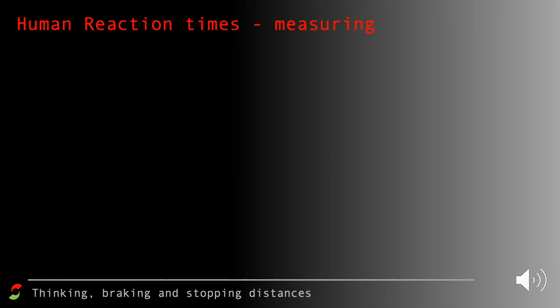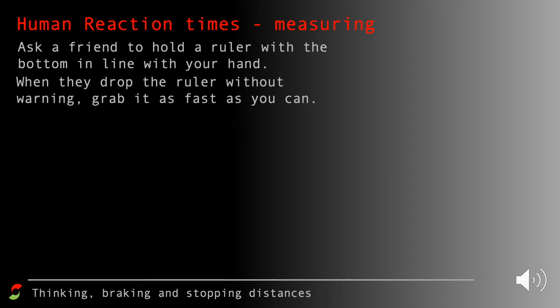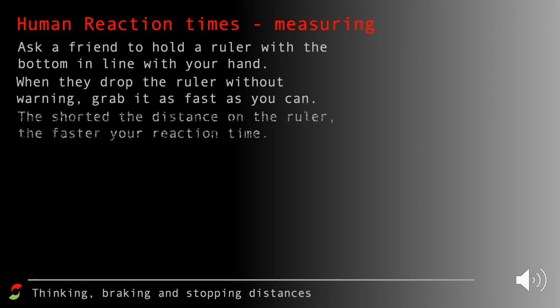Sometimes you're asked about how to measure reaction times, and you may have done this in class. So there's one method where you ask a friend to hold a ruler above your hand, and then they let go and you grab it as fast as you can, and the length of the ruler that drops is linked to your reaction time. So the shorter the distance that the ruler drops, the faster your reaction time.